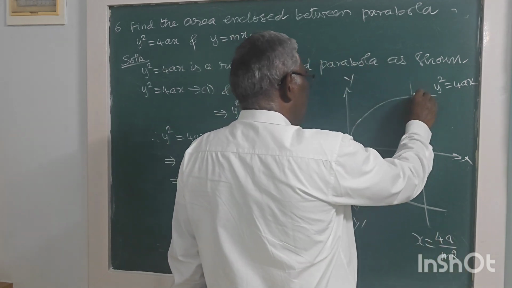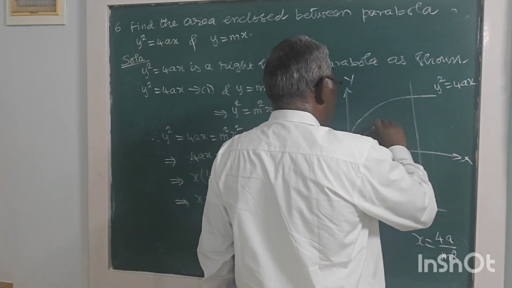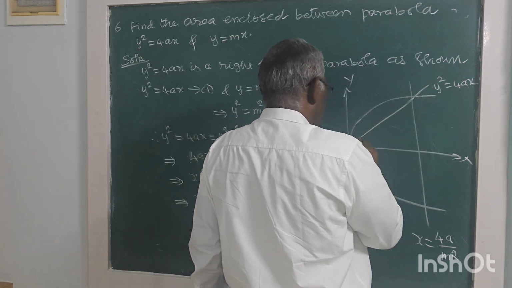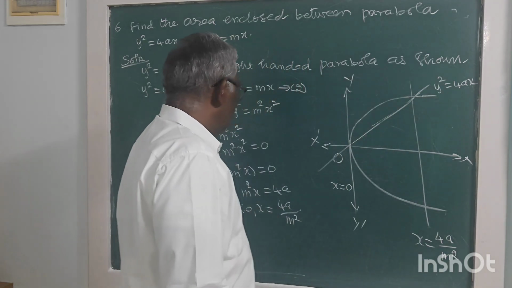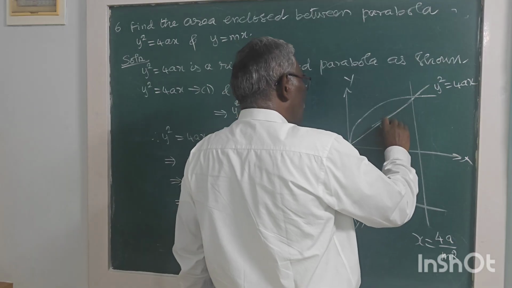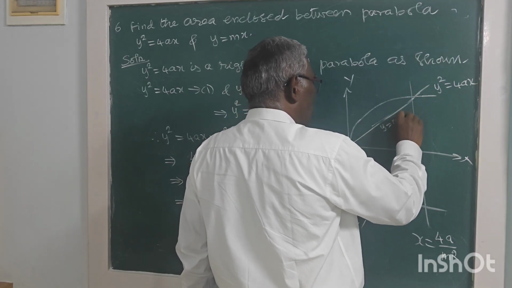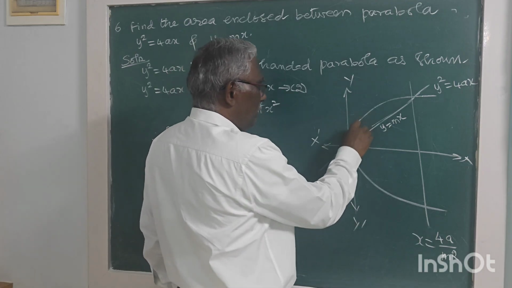So on joining these 2 points, this is nothing but y is equal to mx. And now we have to find the area of this region.